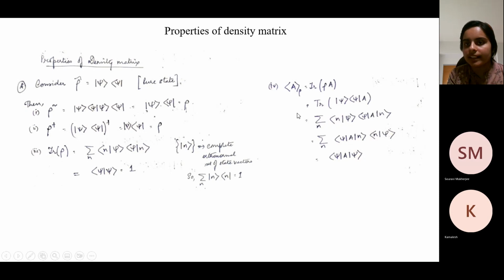If you know the density matrix, you can find the expectation value. So these are the properties of the density matrix for a pure state.